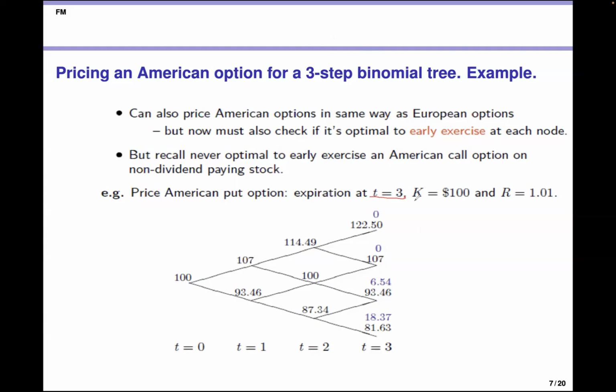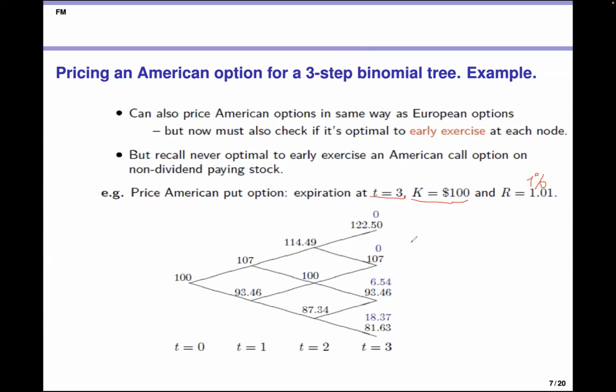Suppose the strike price equals 100, and the risk-free interest rate is 1%. So we know U and D, and we construct this binomial tree.